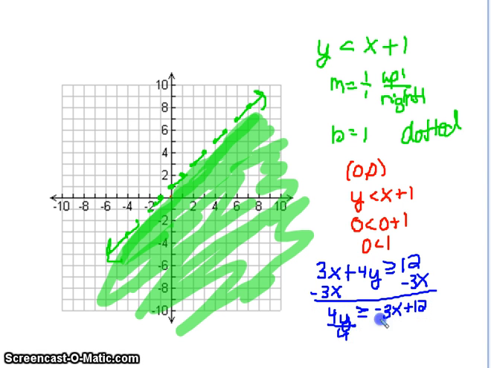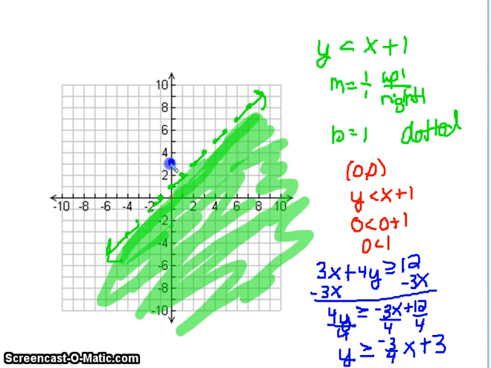And then we have to divide everything by 4. y is greater than or equal to negative 3 over 4 x plus 3. Sorry guys, no fireworks this time. But I hope you're realizing fireworks are a possibility. If you divide by a negative when you're working with these inequalities, you do have to take that into consideration.